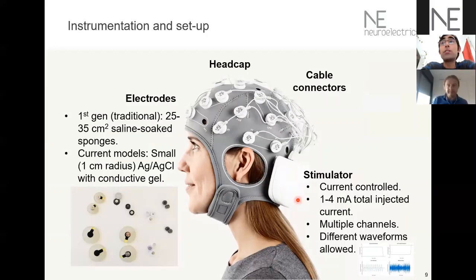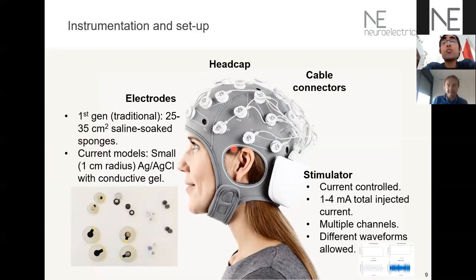Saline solution was necessary because, obviously, the sponge, without being soaked in a conductive medium, couldn't allow for the conduction of the current. However, as multi-channel devices became more and more prevalent, the size of the electrodes needed to decrease, because we can't fit, for instance, 32 electrodes of 35 square centimeters on the head.